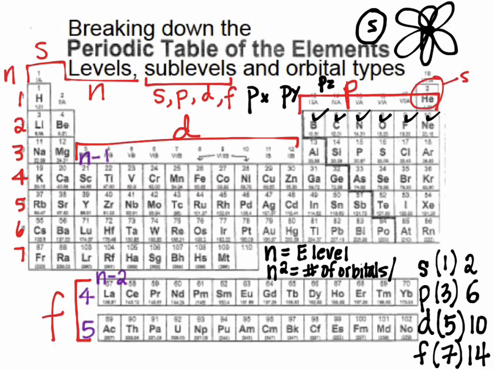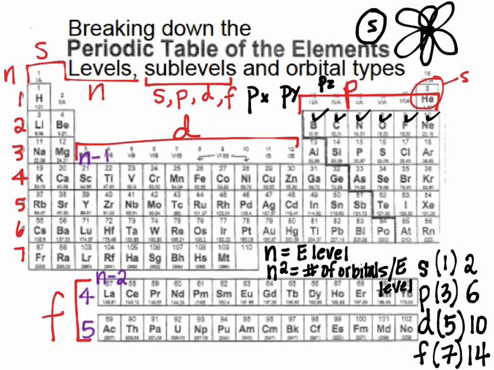per energy level. So if I go to, say, energy level 5, so 5 squared would give me 25. And we only really talk about 1 through 4 because those are the ones that we have gone out to.